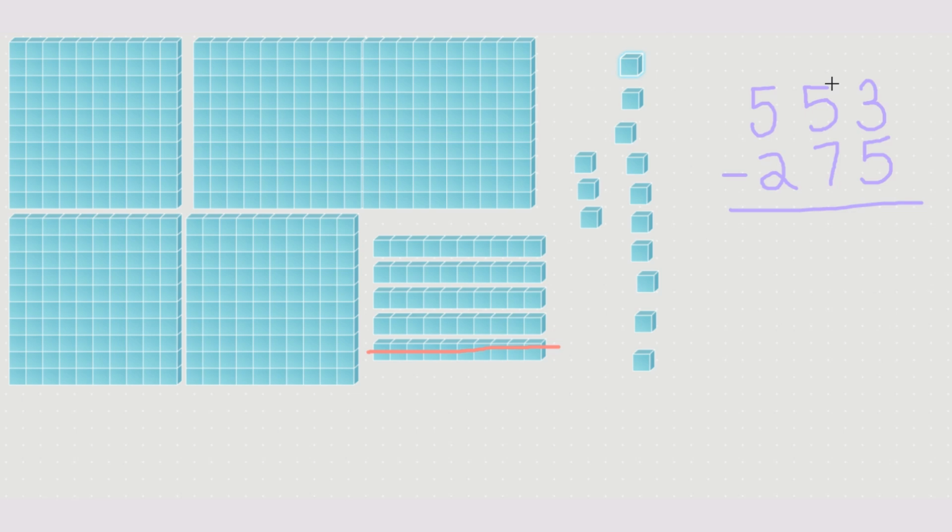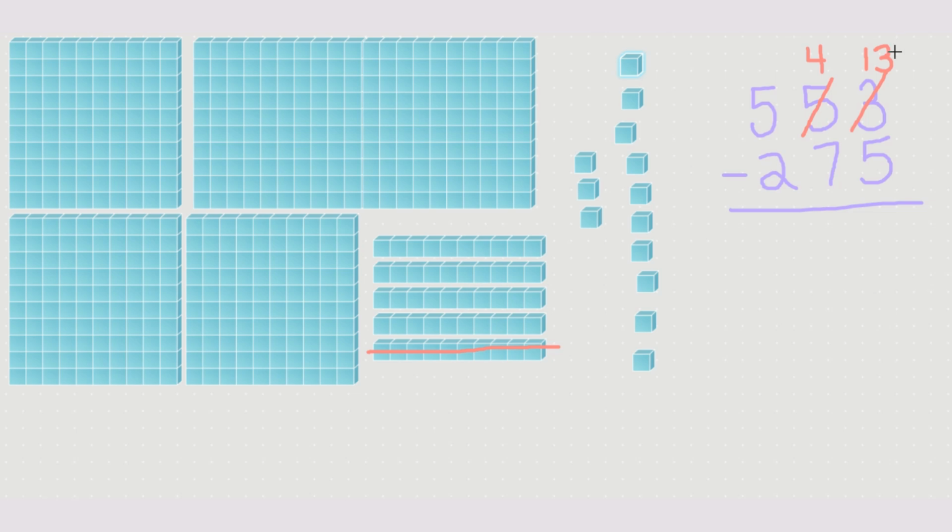So I no longer have 5 tens. I have 1, 2, 3, 4. So I will change the 5 to a 4. And I no longer have only 3 ones cubes. I now have 1, 2, 3, 4, 5, 6, 7, 8, 9, 10, 11, 12, 13. I have 13 ones cubes. So I'm going to change my 3 to a 13.